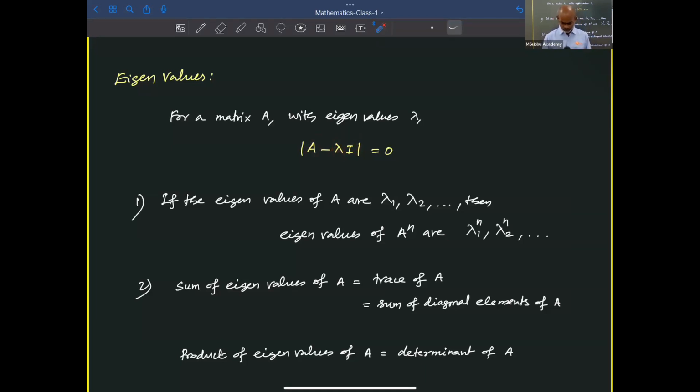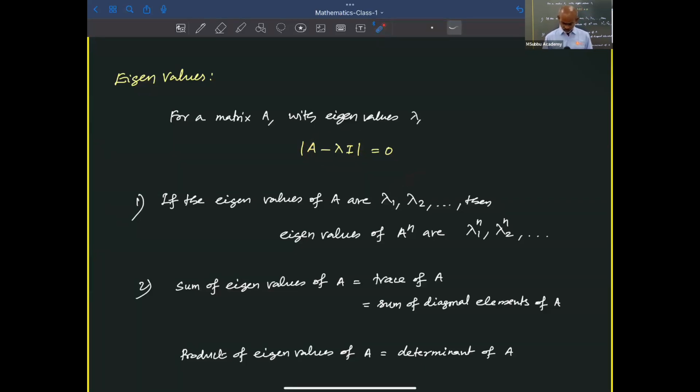It can be a complex number as well. Then take the determinant of the overall expression and equate it to zero, and we'll get the values of lambda. They are nothing but the roots of this equation.